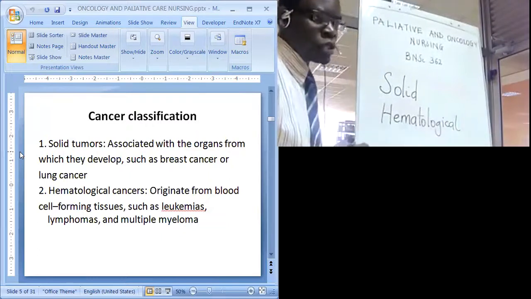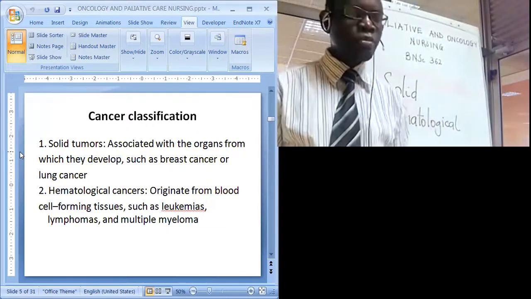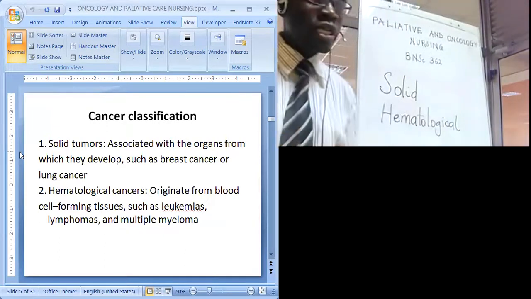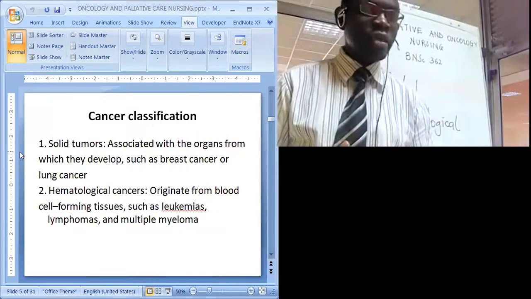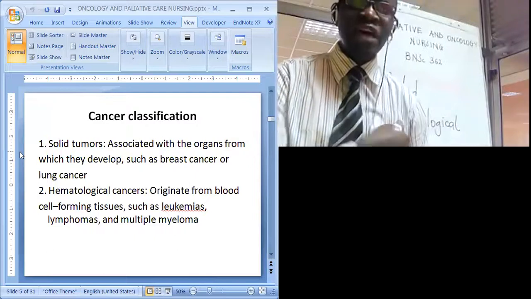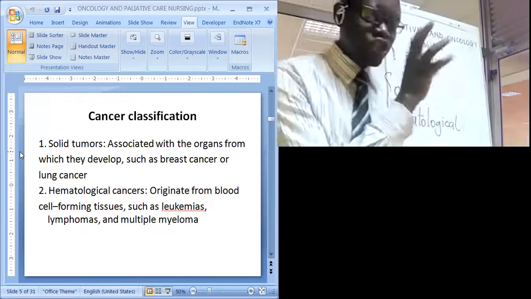With solid tumors, these are basically associated with the organs from which they develop. Like the example, breast cancer. When you touch, you feel a lump. In other words, you feel something that is tangible, solid.